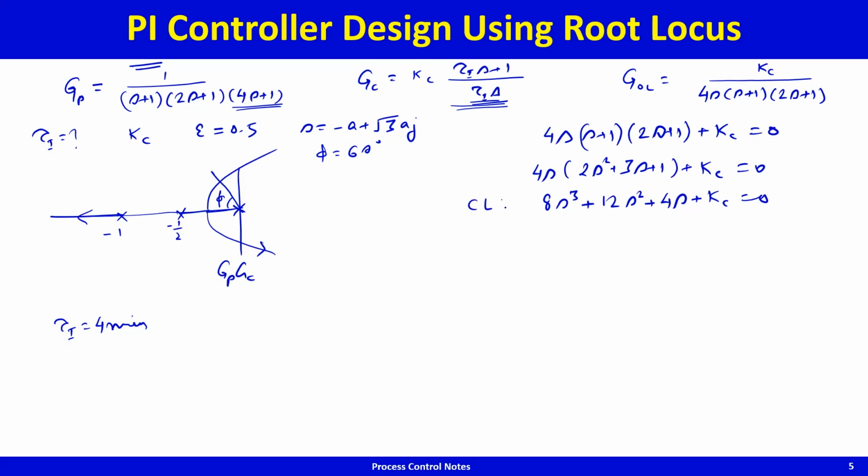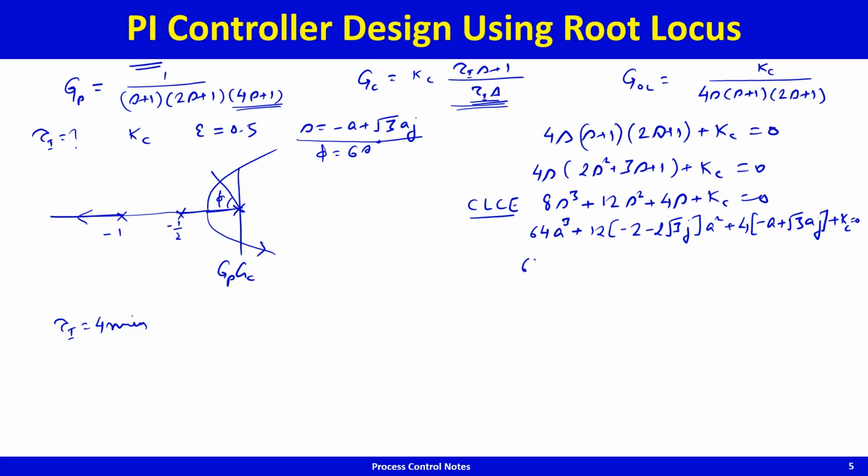So this is the closed loop characteristic equation. You substitute s equal to minus a plus square root 3 a j into it, and so what you get is s cubed will be 8a cubed, so this will be 64a cubed, plus 12 into (minus 2 minus 2 square root 3 j) times a squared, plus 4 into (minus a plus square root 3 a j), plus Kc equal to 0.